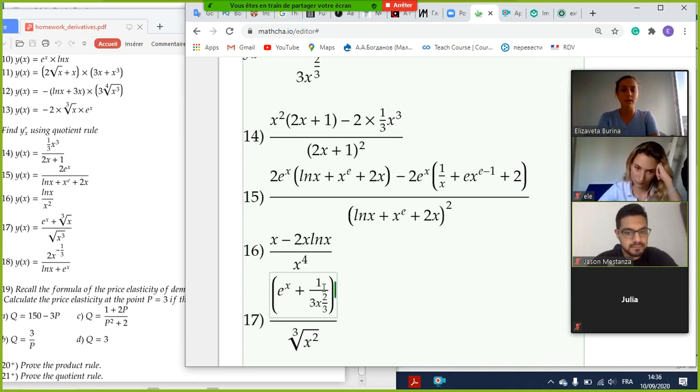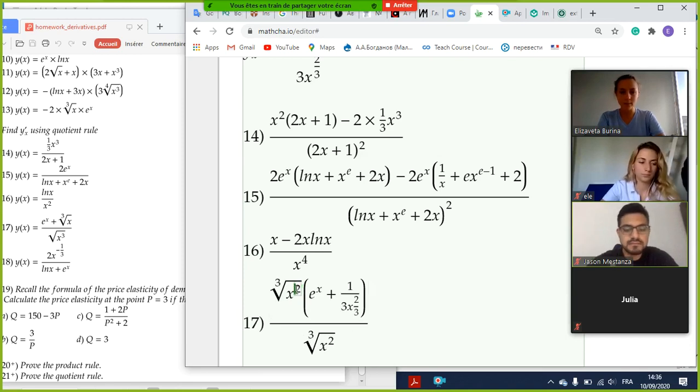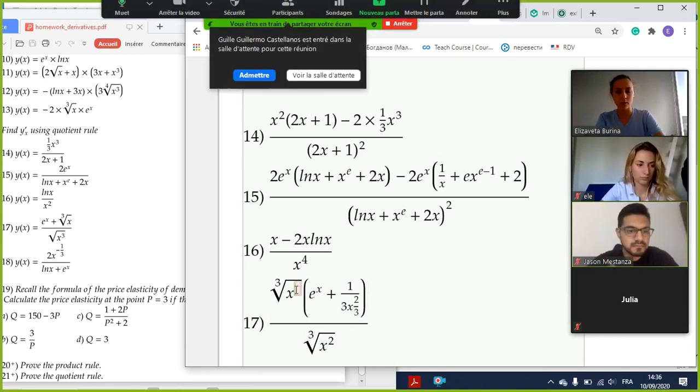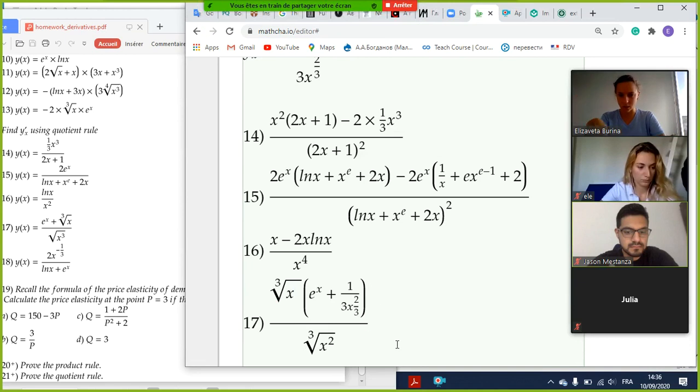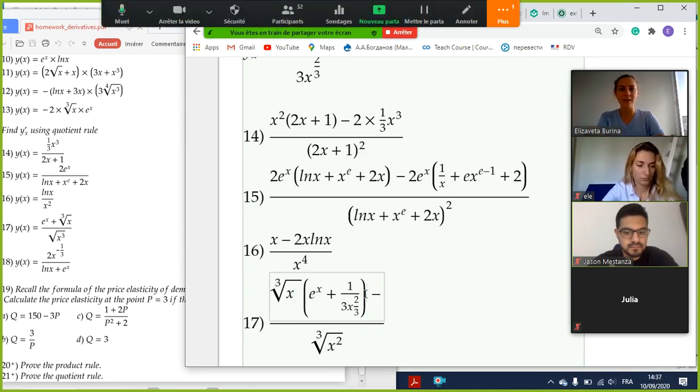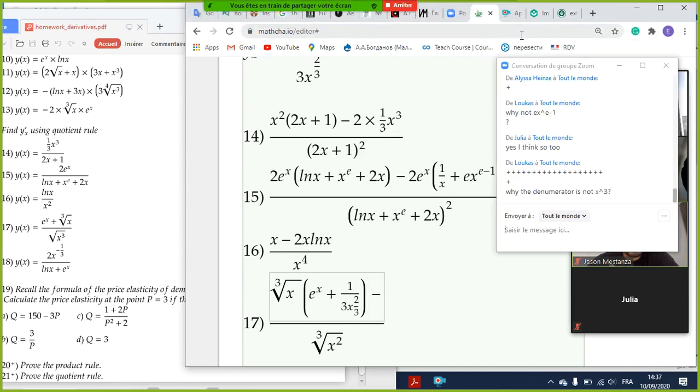We know that we have to multiply it by the denominator. So let's put it in front here, and it's not squared because it's just numerator, denominator as it is. Perfect. It's weird, but I think it's okay. And then we continue in the numerator.